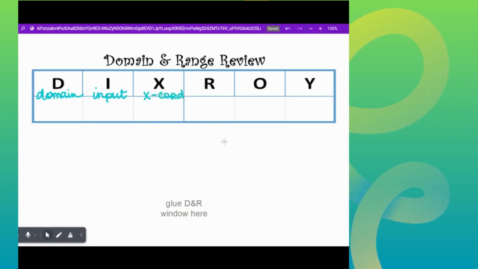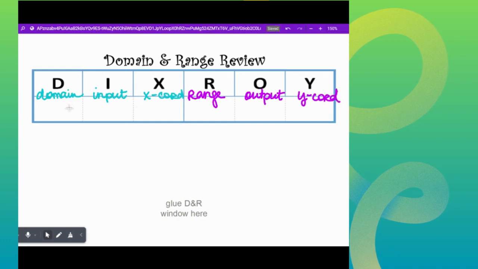Okay, let's see what else we got. The range. Range is going to be the opposite. So R is for range. Range is the output. So we put a number in, we get an answer or a number out, and this is going to be the y coordinate. All right, and then I have a little bit of stuff for you guys to write down here.